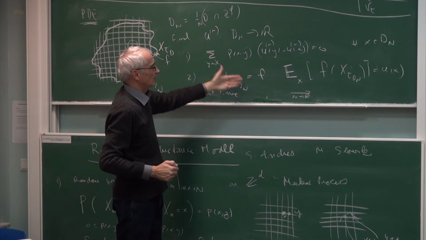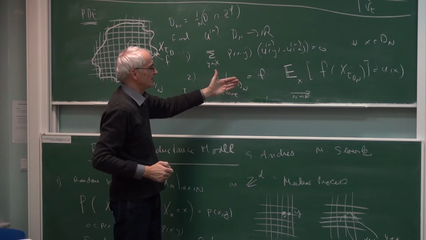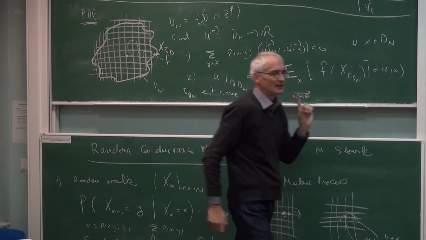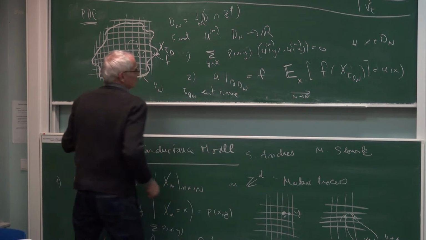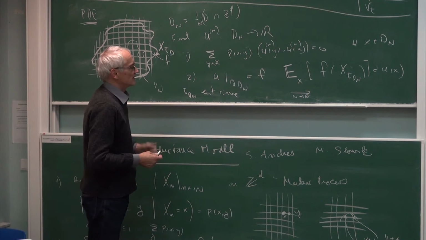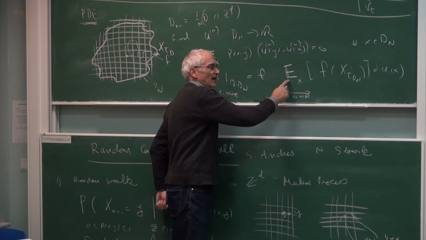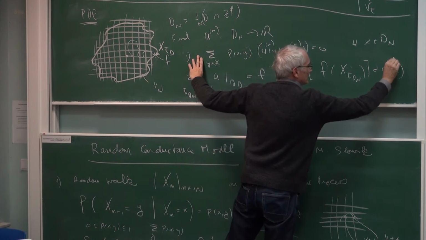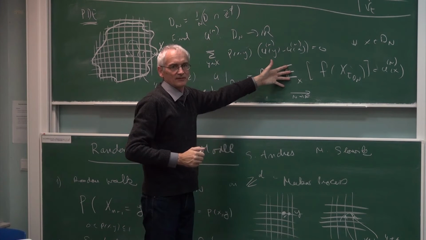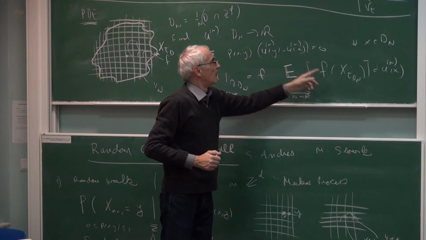So we just tend to the harmonic function. So this is one of the applications, and what you have to realize is that you can visualize the solution of this boundary problem in terms of the expectation of a function of the random walk.